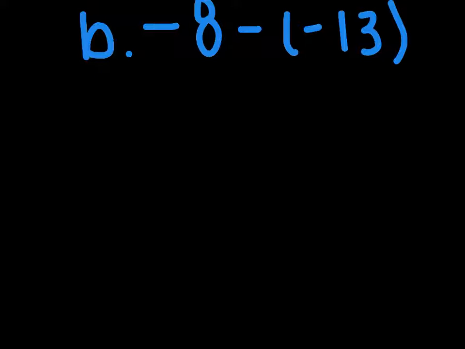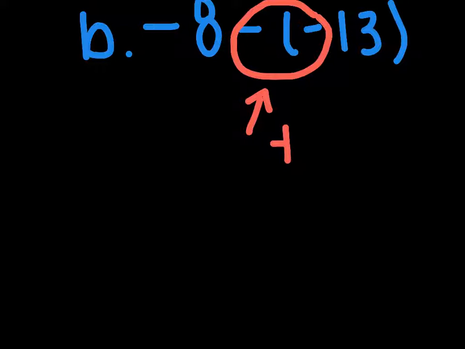Taking a look at this problem, the first thing before you do anything that you want to look at right now is this right here. Kind of looks like a face. See the eyes and the nose? When you see two negatives close together, touching, or just close together, you know right away that you have to put a positive sign, because two negatives right here together now make it a positive.